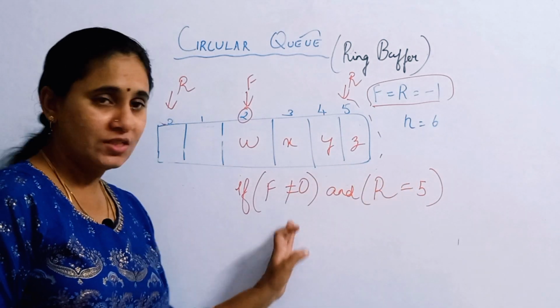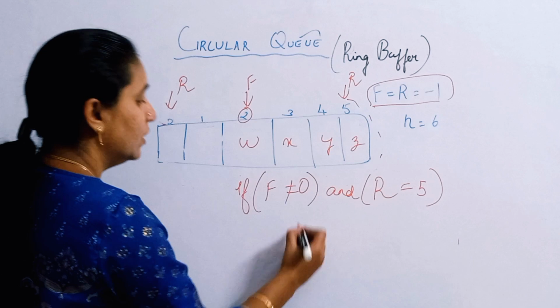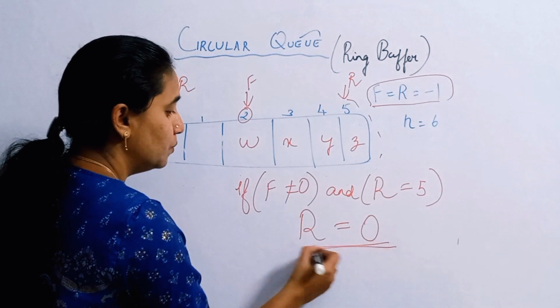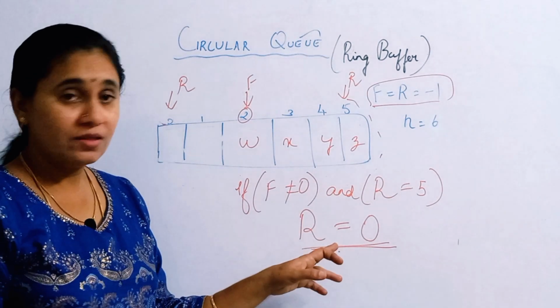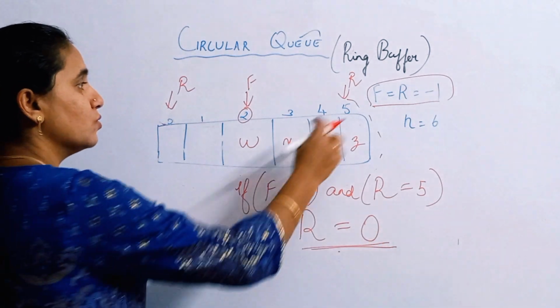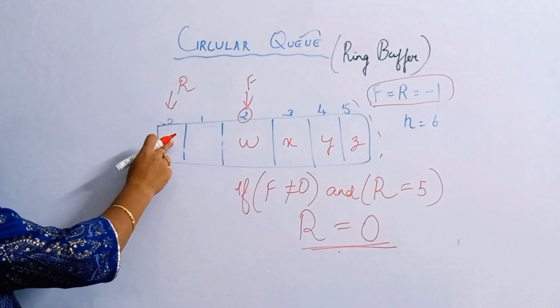If both these conditions are satisfied, what should I do? I must reinitialize the value to 0. Very important step. I am reinitializing the rear pointer to 0. Once this command is given, the rear pointer will be moved to R equal to 0.